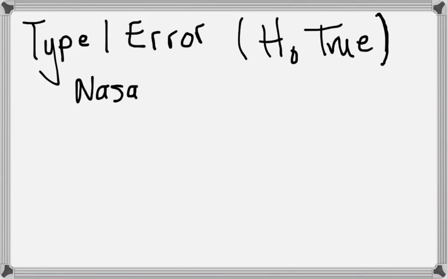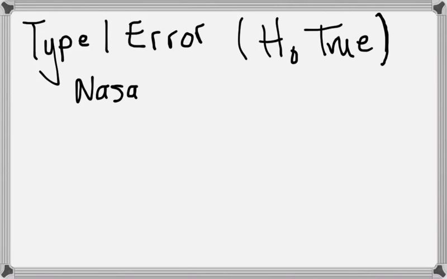Given that the incentive did work, but you think it didn't work, that would be type 2. The null is that the incentive does not work. Let me put it in context. Never mind, okay, sorry.